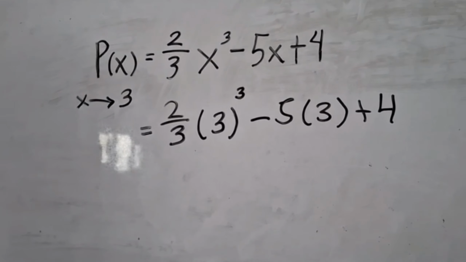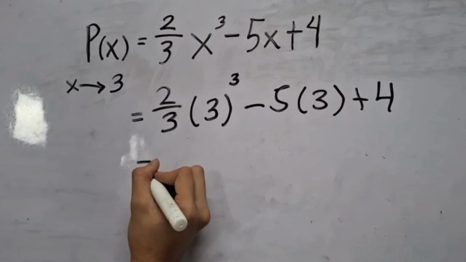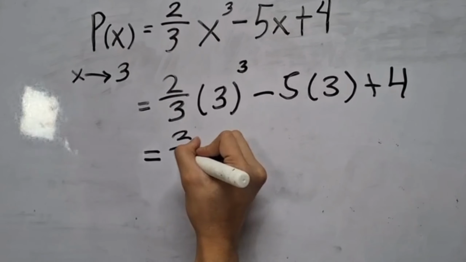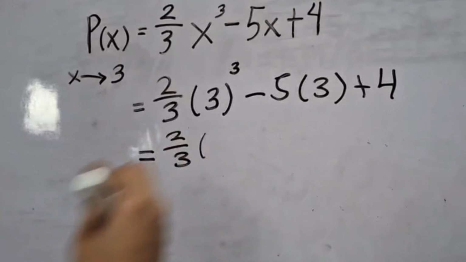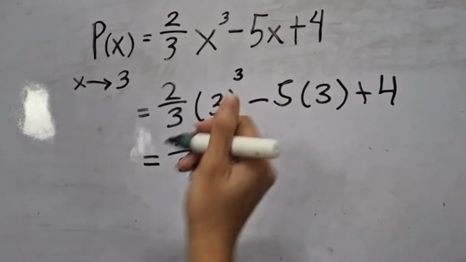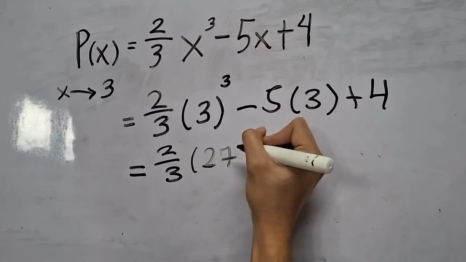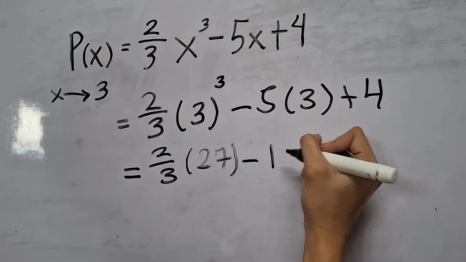After plugging in x equals 3 directly into the function, we calculate 3 cubed. Three cubed should equal 27, minus 5 times 3 equals 15.